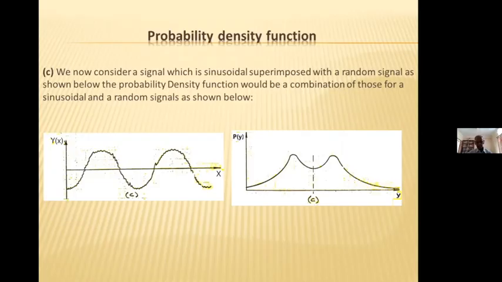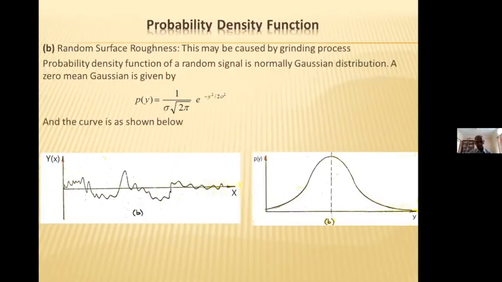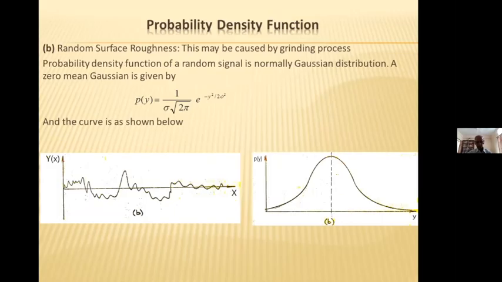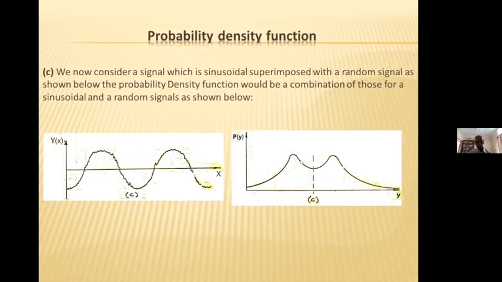This is a Gaussian distribution and this is a periodic distribution. So we combine these two and we get a probability density function, something like this. And this may be obtained very easily by doing the integration given the function. So this gives us a method of identifying the surfaces from the probability density function.